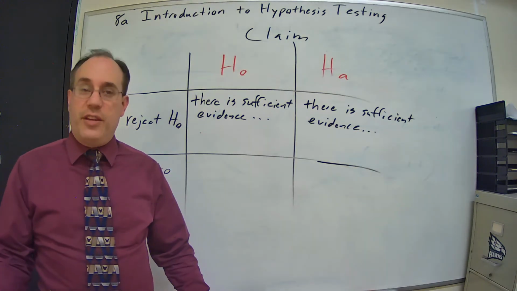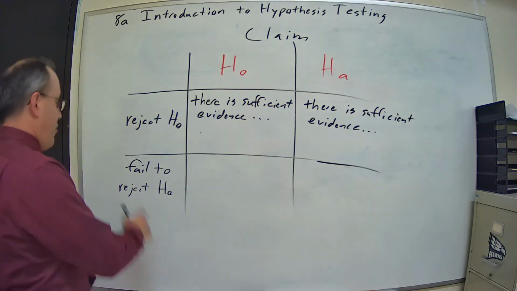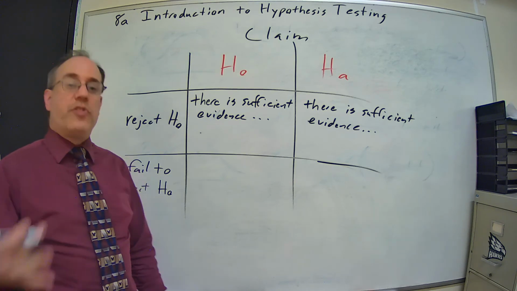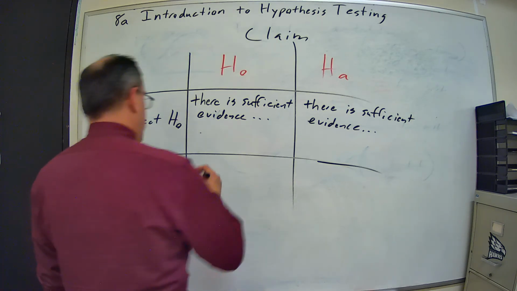There is enough evidence. If we fail to reject the null hypothesis, remember that just means that I wasn't able to prove it. There was not enough evidence, so there is not sufficient evidence.